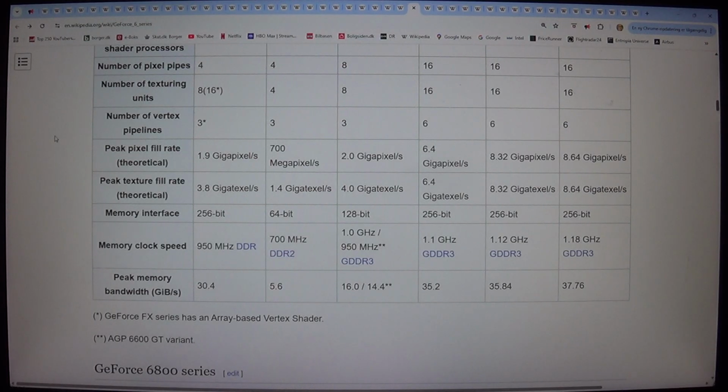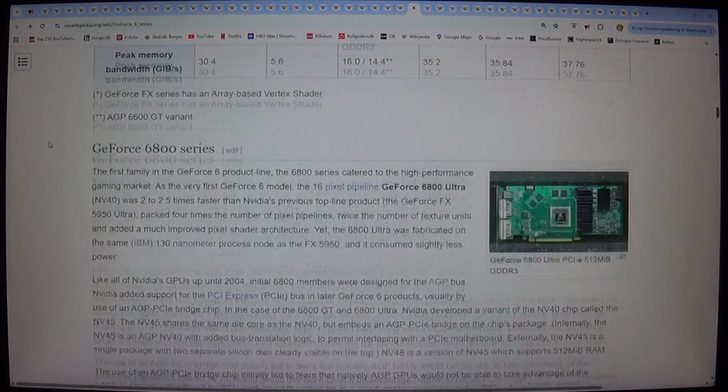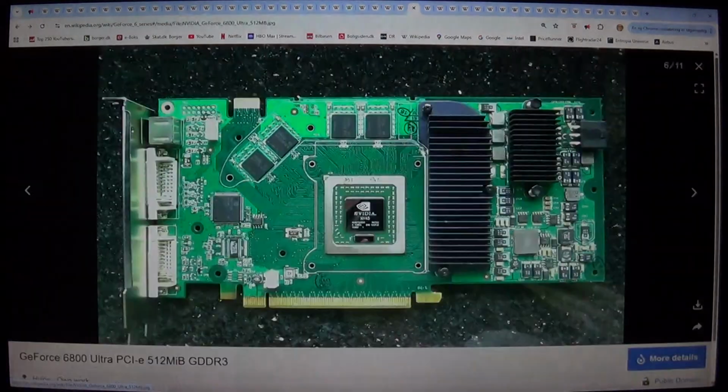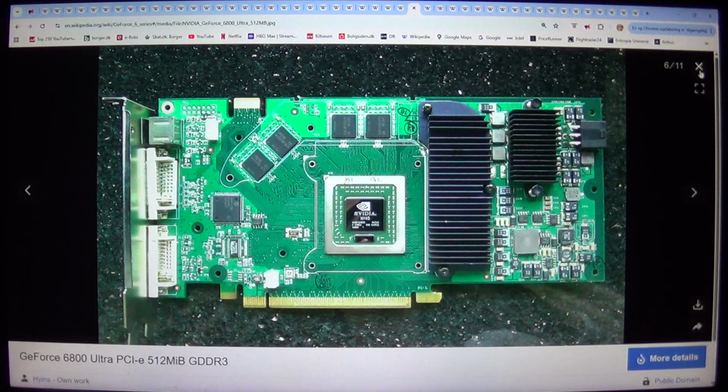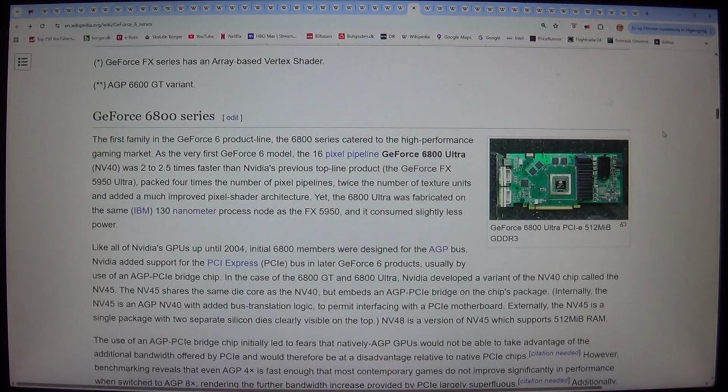Peak memory bandwidth, GiB/s: 30.4, 5.6, 16.0 / 14.4**, 35.2, 35.84, 37.76. *GeForce FX series has an array-based vertex shader. **AGP 6600 GT variant.